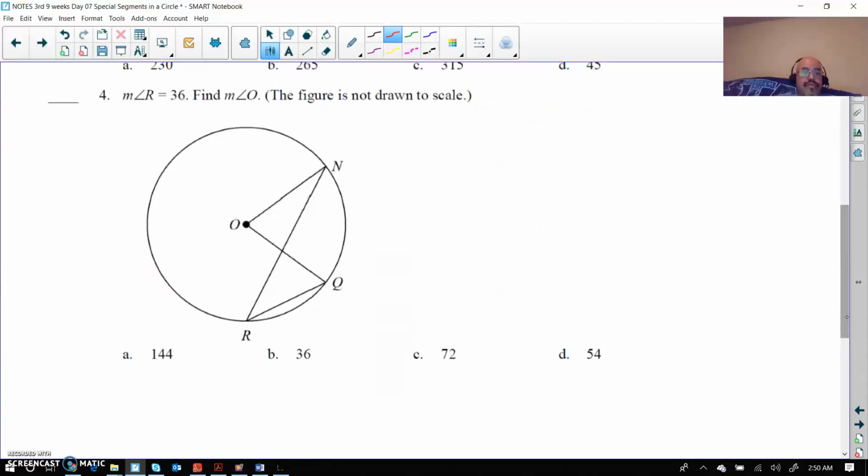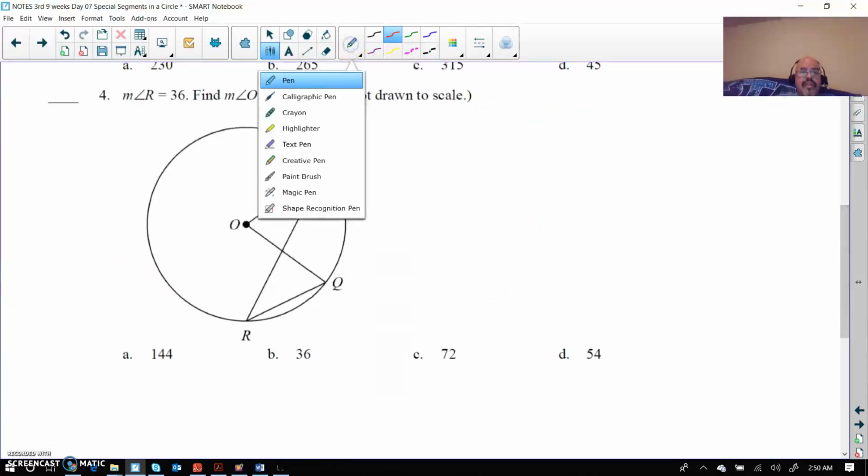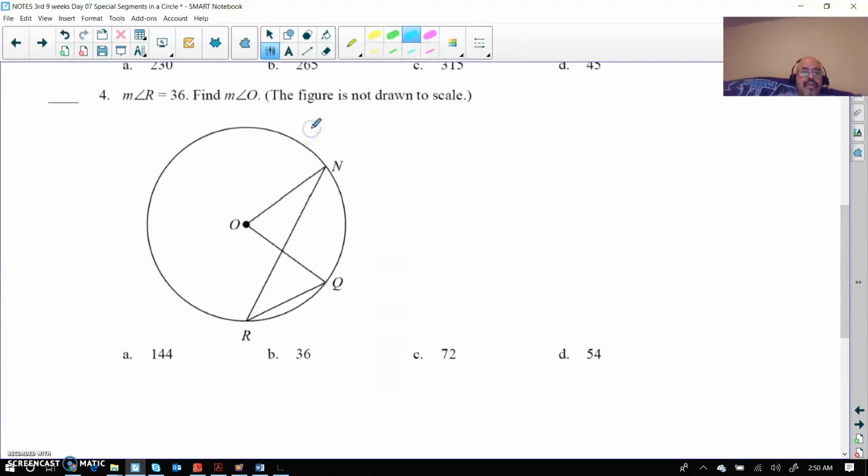All right. Now this is again right here. We have 36 degrees for angle R, and that happens to be this angle, so let me go ahead and highlight that. So that's 36 degrees.